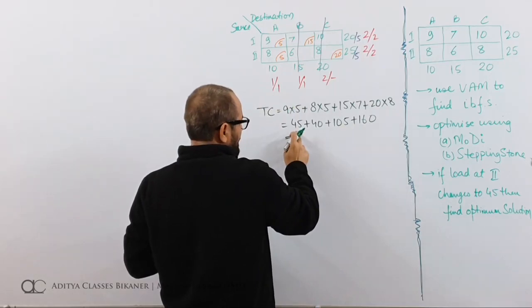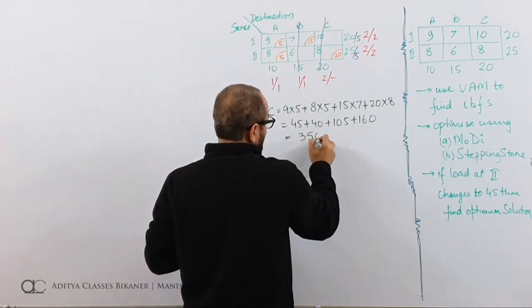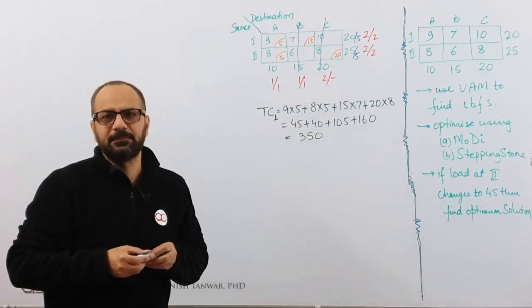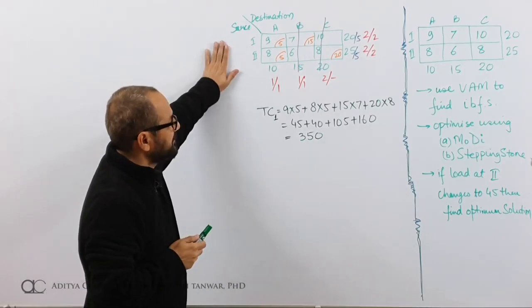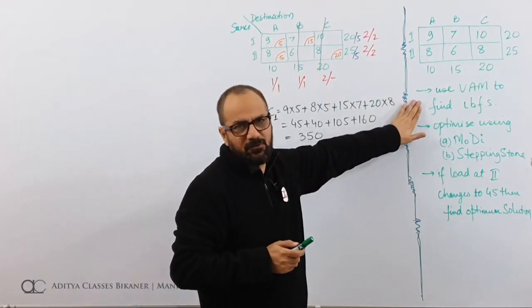So we get 150 and 200, making it 350. So total cost in my first iteration is 350. This is the total cost that I'll be facing as this allocation in IBFS using VAM, Vogel's approximation method.